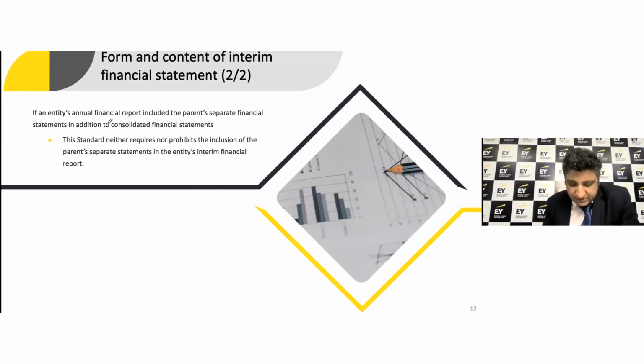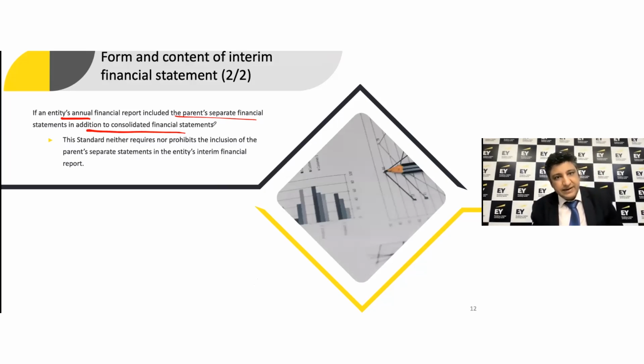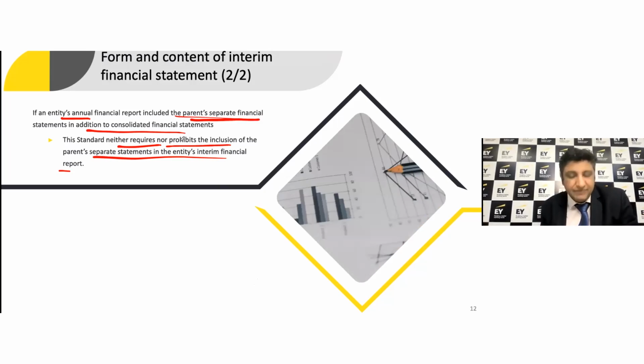entity's annual financial reporting, which also includes the separate financial statements, apart from the group financial statements. That is something which is neither required nor prohibited as far as the preparation of those statements is concerned. So effectively, when we deal with the group financial statements, there would be a concept of separate financial statements for the parent, in case the annual financial reports include those.